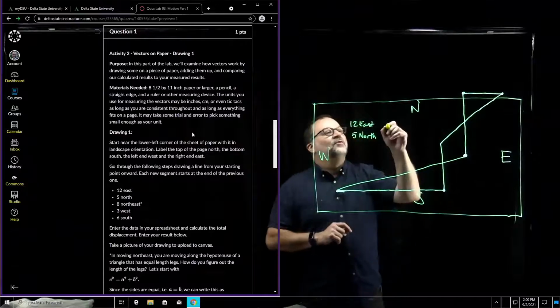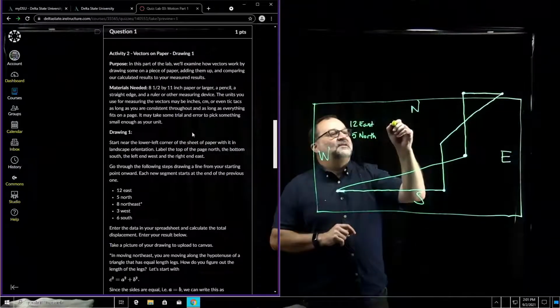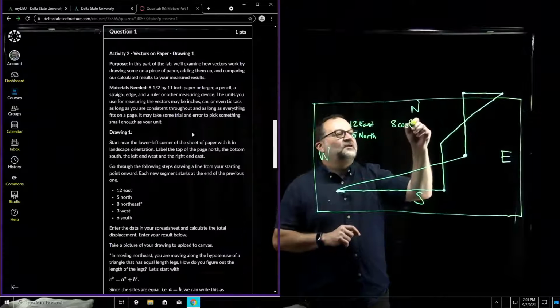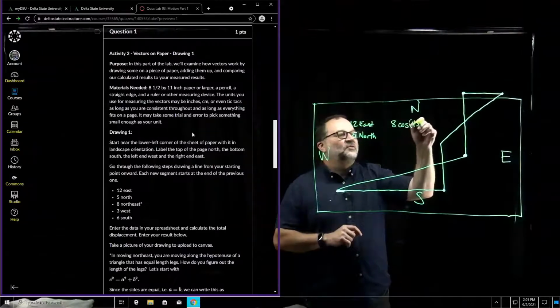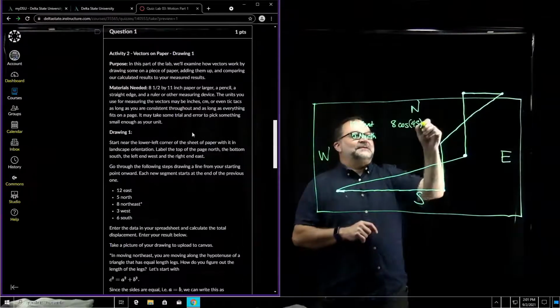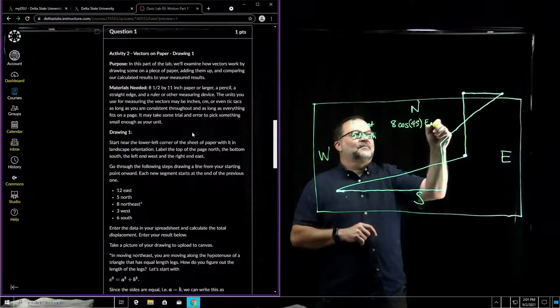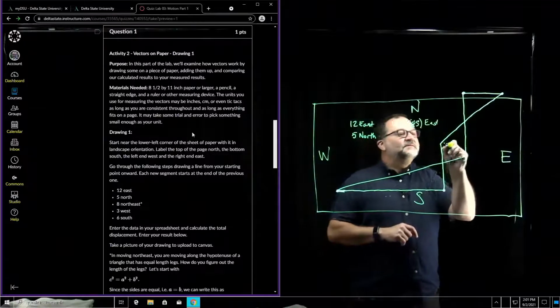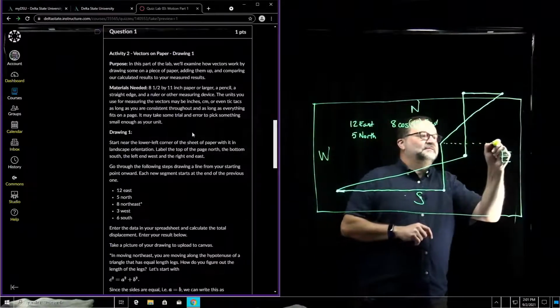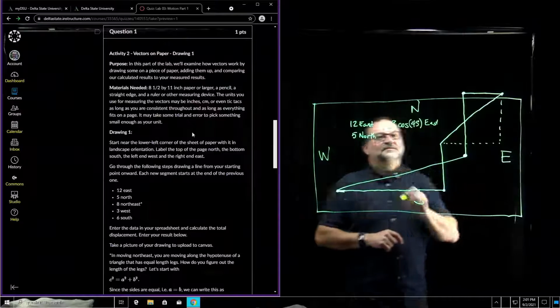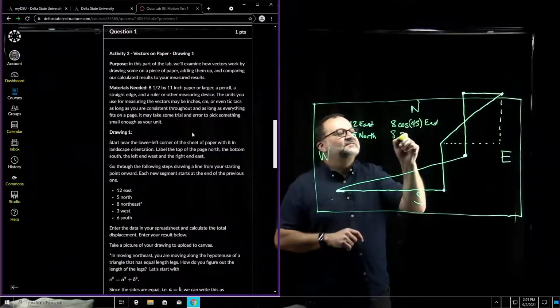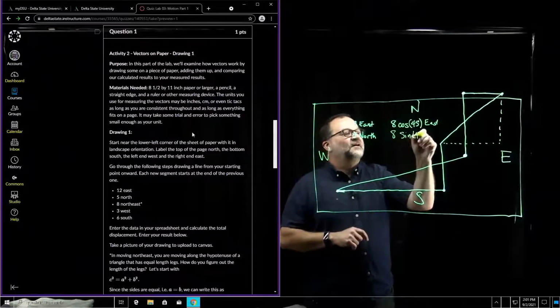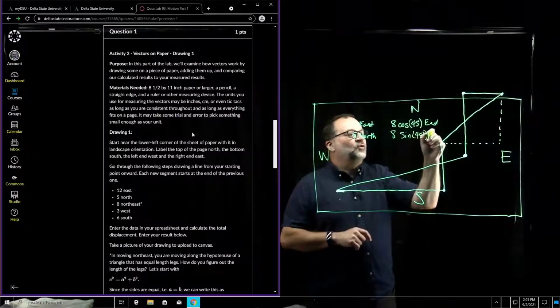And so we've got 8 cosine of 45 degrees, which is just 1 over the square root of 2, to the east, right? So that's this piece, and then we did that piece. So 8 sine of 45 degrees to the north.